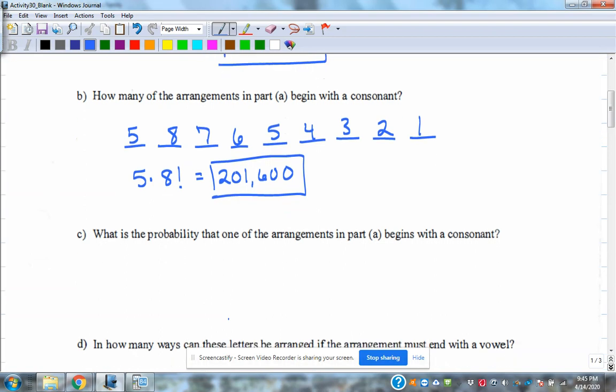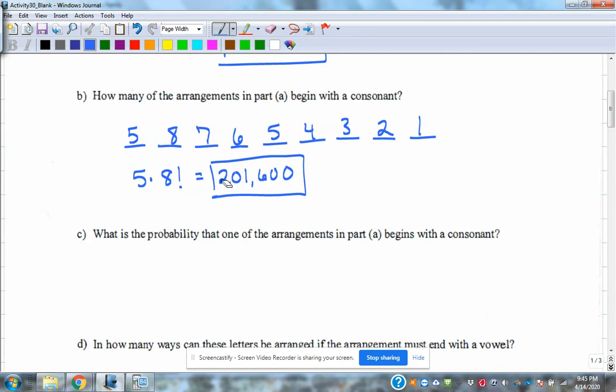Part C says, let's throw some probability into it. So we're going to mix that counting principle with probability. It asks for the probability of one of the arrangements in part A beginning with a consonant.